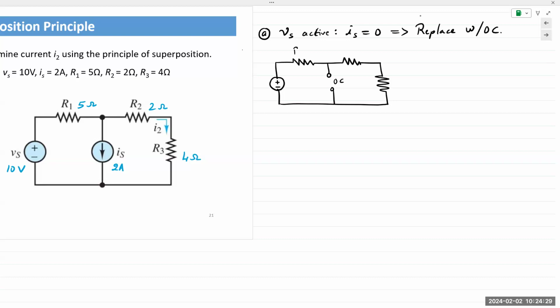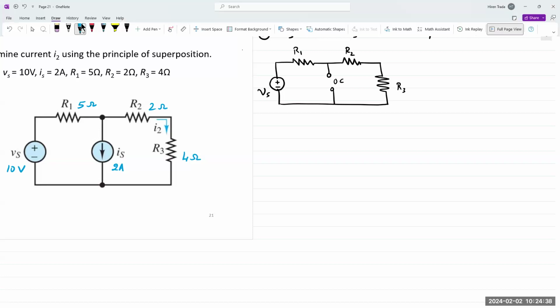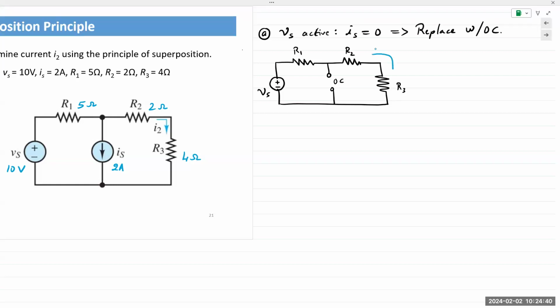And then, of course, we have R1, R2, and R3. And this is Vs. And I2 is coming down here. Since I'm calling this circuit A, I will note this current as I2A.